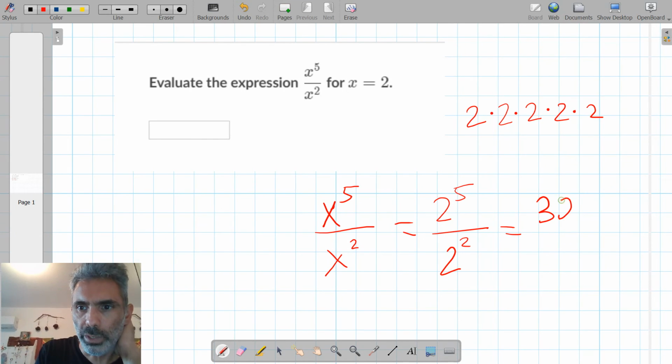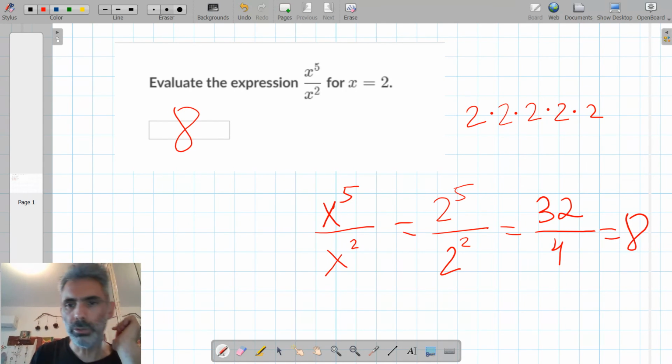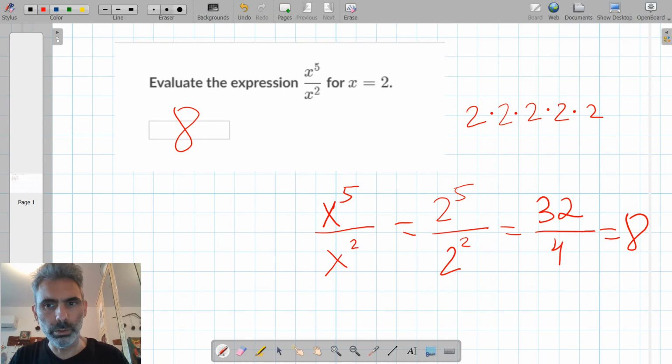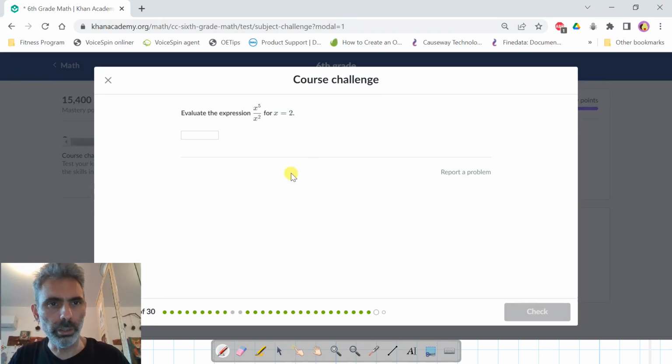So 2 to the power of 5 is 32, divided by 4, which is 8. So the answer is 8. X to the power of 5 is 32, x squared is 4, so 32 divided by 4 is 8.